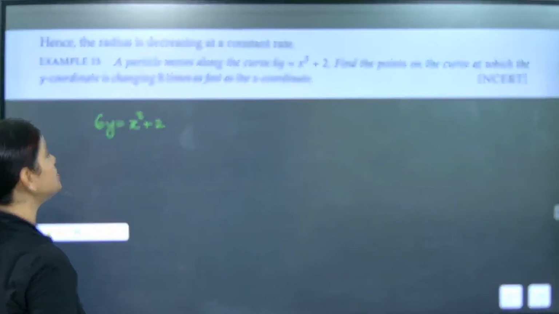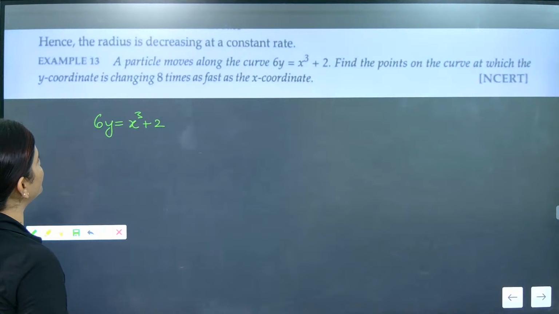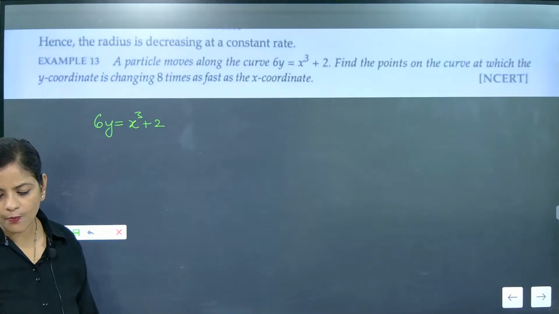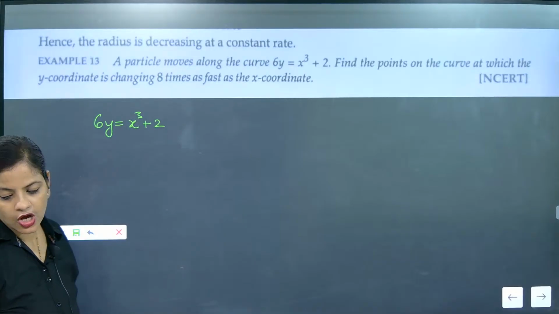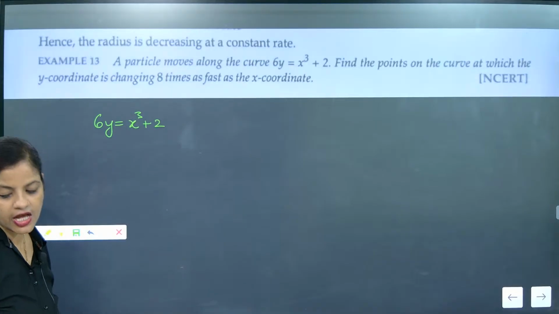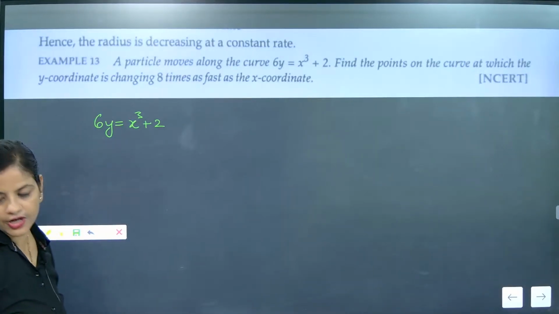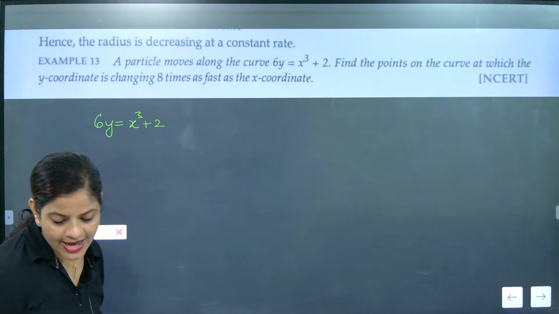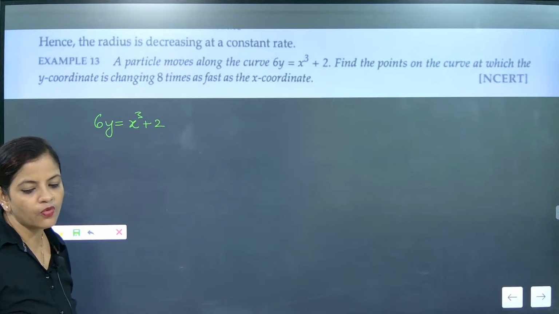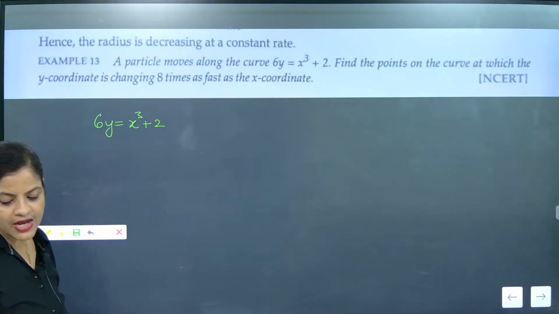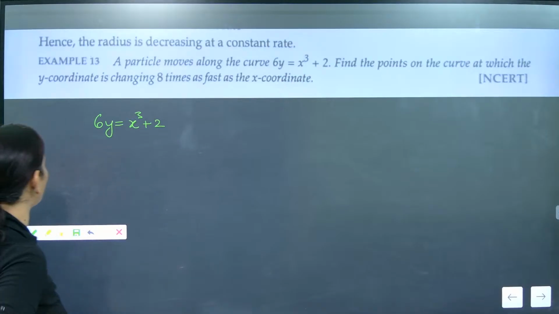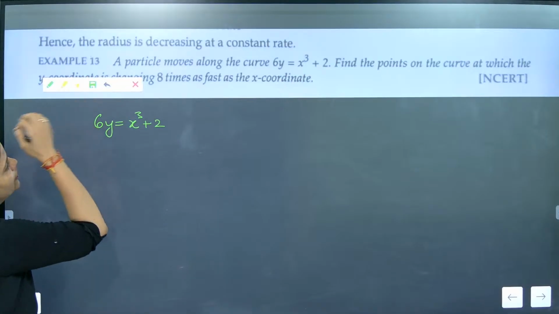Find the point on the curve at which the y coordinate is changing 8 times as fast as its x coordinate. You have to find a point on the curve at which the y coordinate is changing 8 times as fast as the x coordinate. So let the point be considered as x comma y. Let the required point be, first we will do one by one.